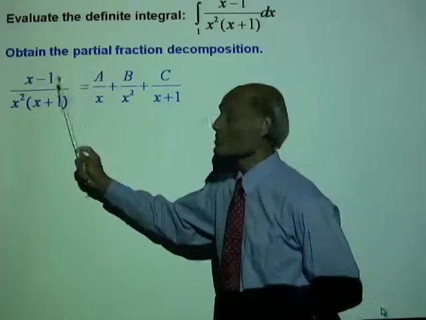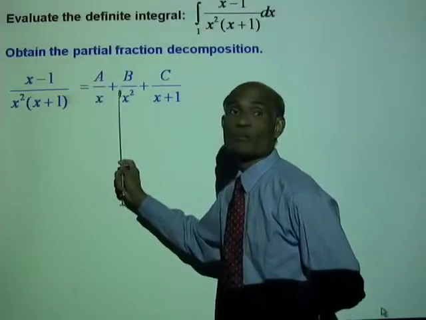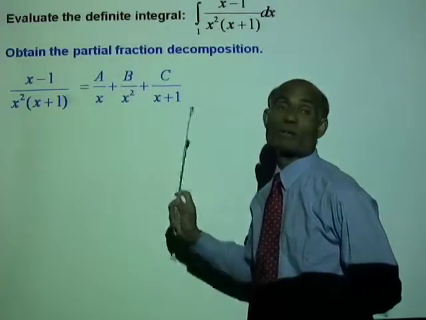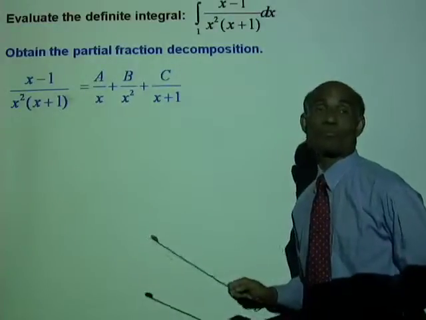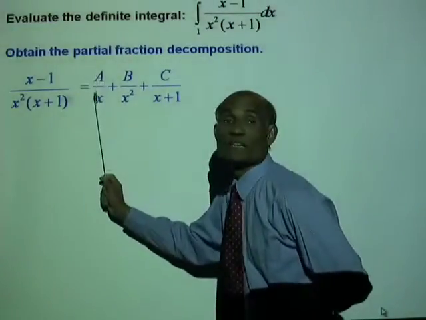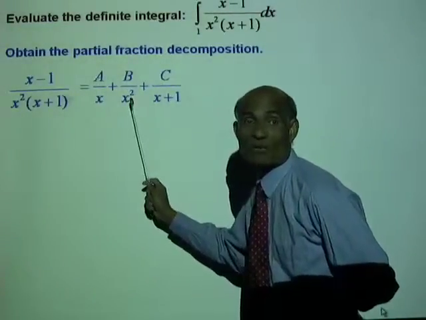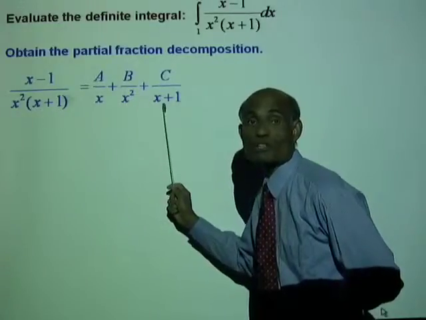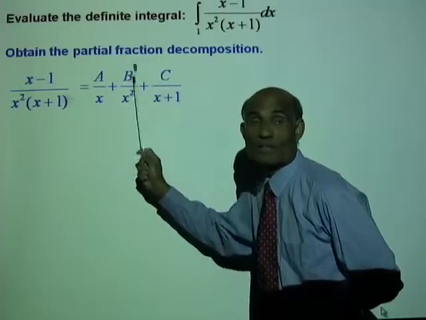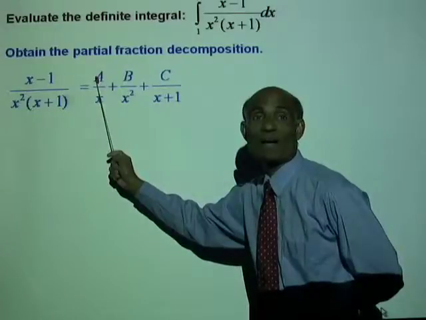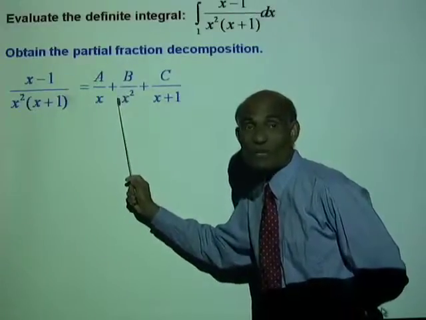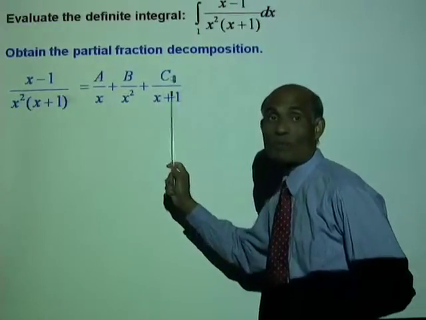There you go. So this will be A over x plus B over x squared plus C over x plus 1. And take the common denominator. Common denominator is x squared times x plus 1. Tell me, what will A get multiplied by?